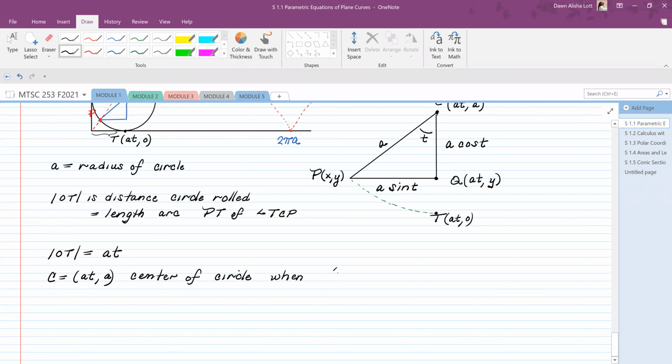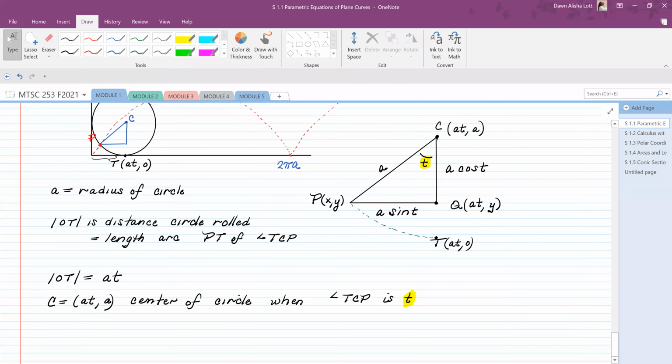I let angle TCP be my parameter t. So t is my parameterization parameter. As I look at this picture, this length over here is A t, but that also has to be this length, which is A sine t.